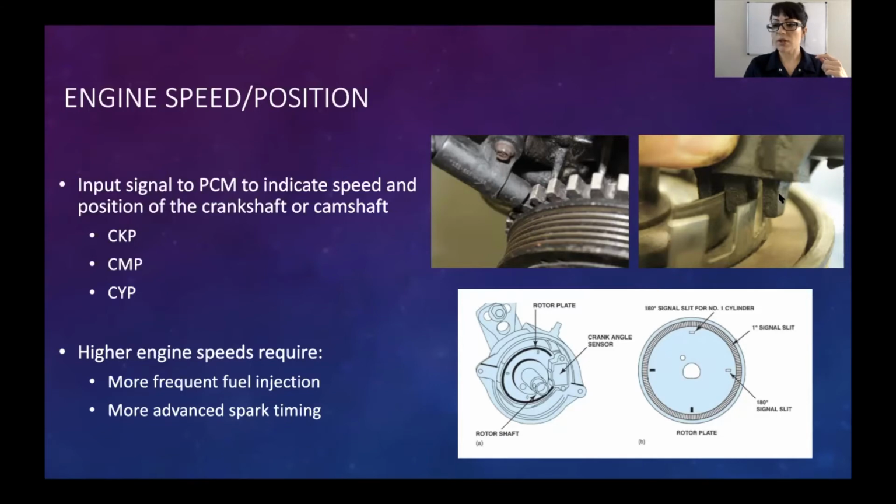Same with this wheel here, and same with our rotor plate, even for the optical, where one of these windows is horizontal while the others are vertical. It says here the 180 signal slit for number 1 cylinder, so that would be TDC generally on your number 1 cylinder. So it has some sort of reference of where everything's at. And that's how those sensors work.